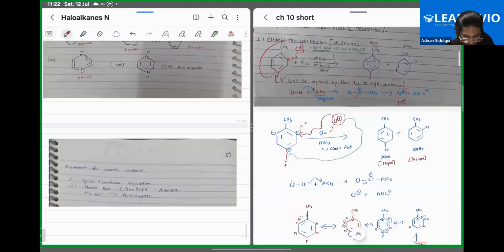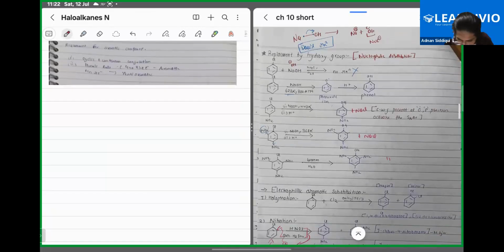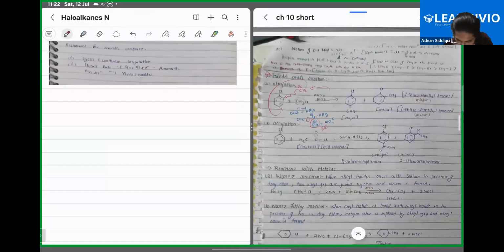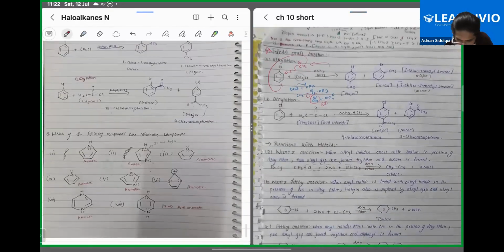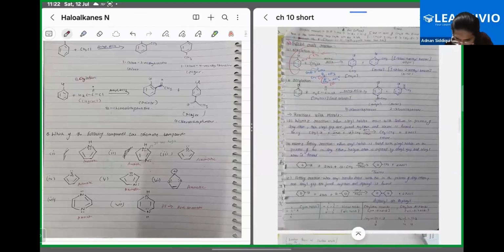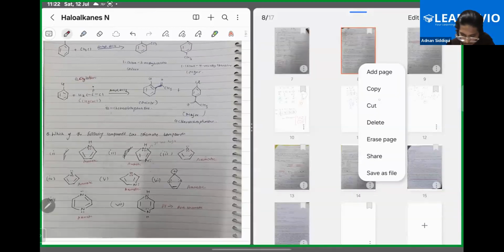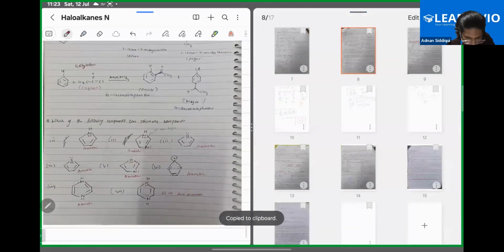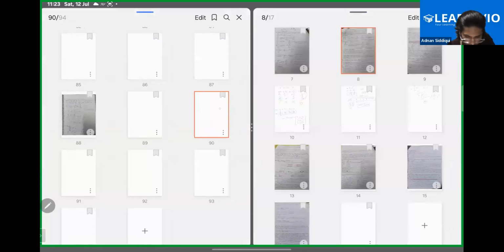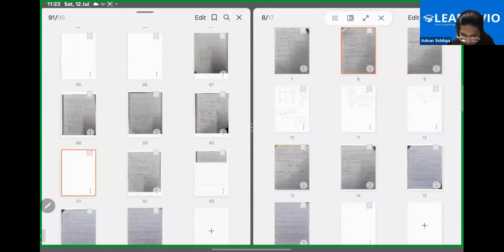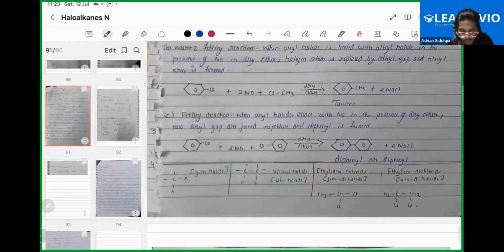Let me complete. So this is your Wurtz reaction, Wurtz-Fittig reaction, and Fittig reaction.